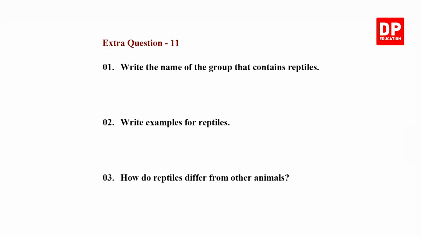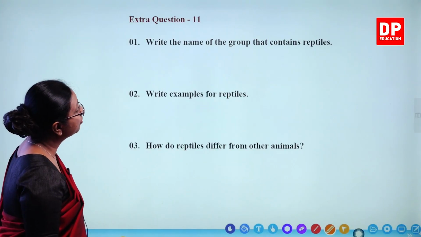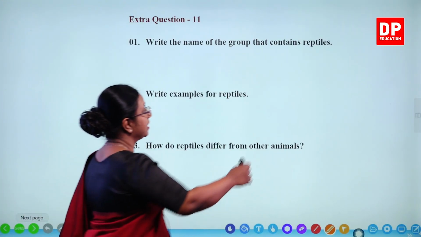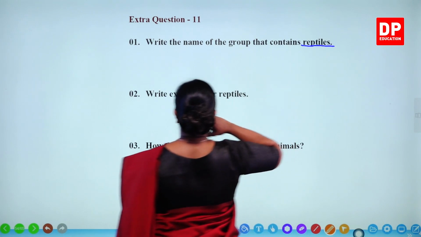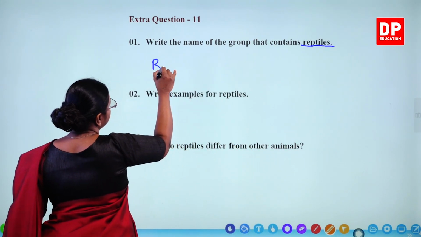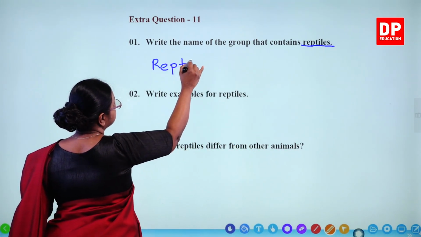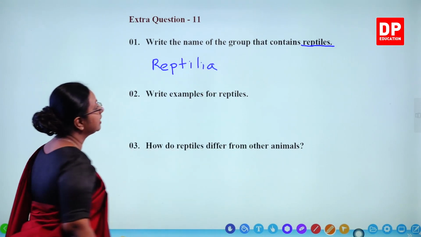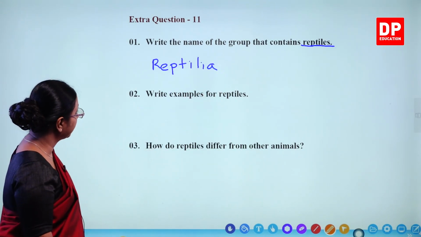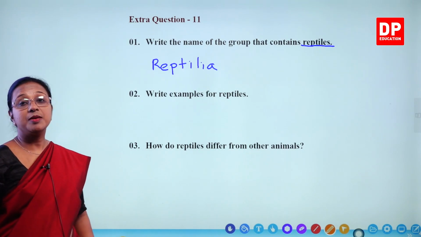Extra question 11. Write the name of the group that contains reptiles. When we say reptiles, the name of the group is Reptilia. Reptiles are present in the group Reptilia. Write examples for reptiles.